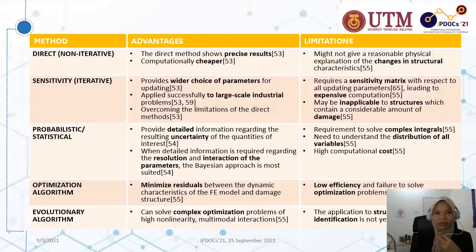Despite the success of the optimization algorithm in certain aspects, it still suffers from low efficiency and failure to solve optimization problems. Evolutionary algorithm can solve complex optimization problem of high nonlinearity, multimodal interaction, but the application to structural damage identification is not yet well resolved.